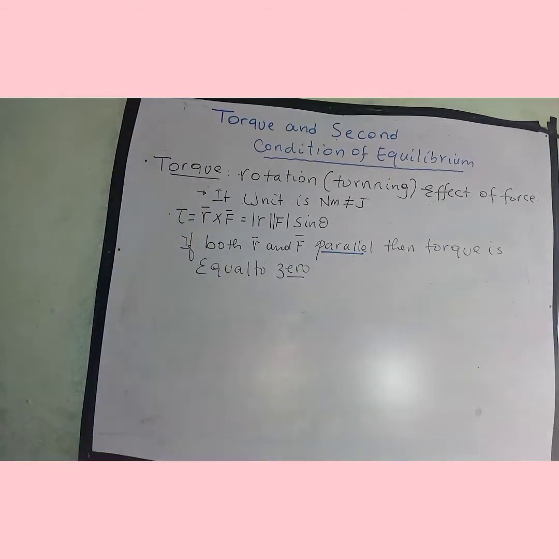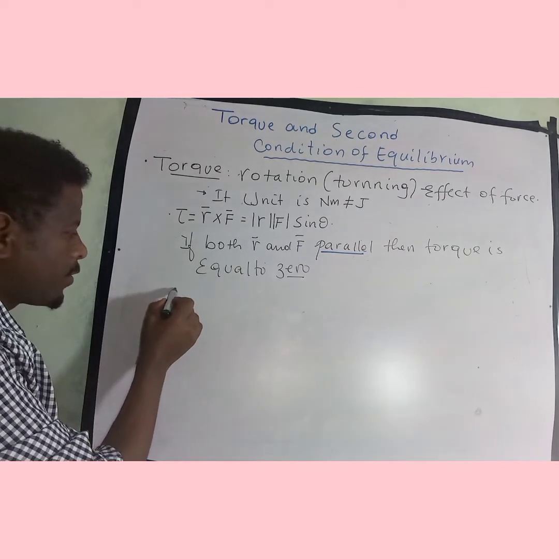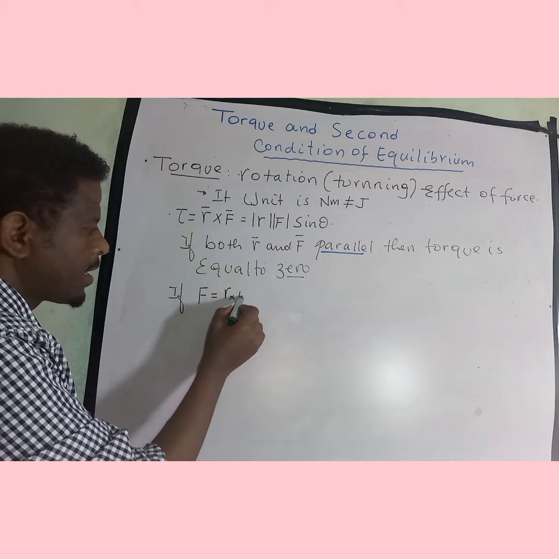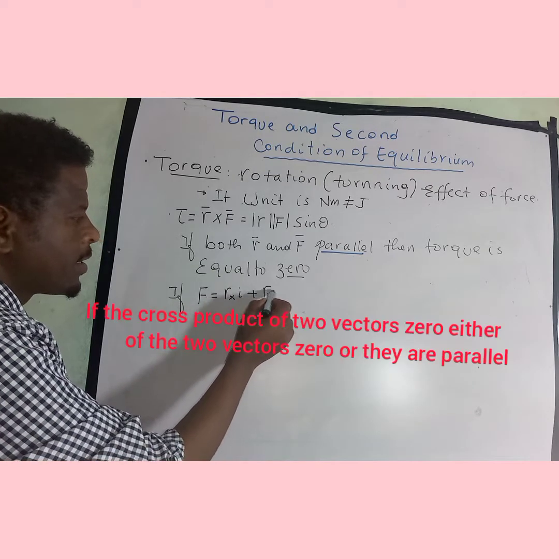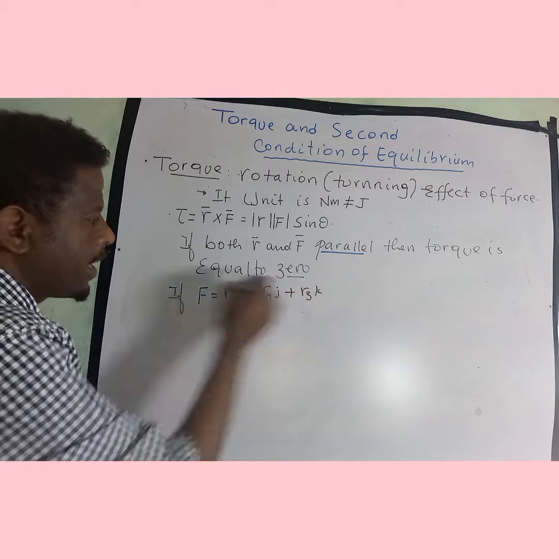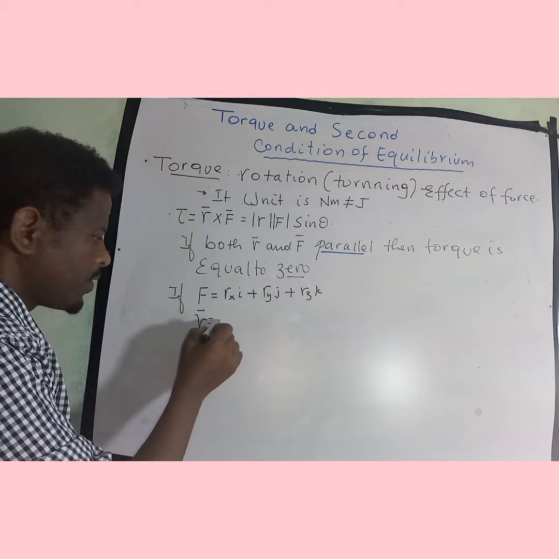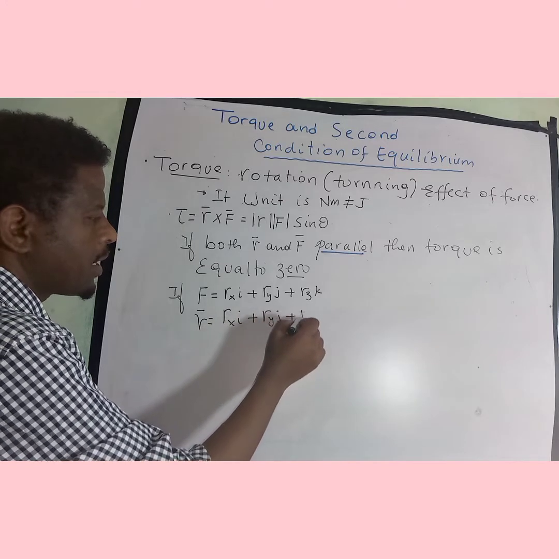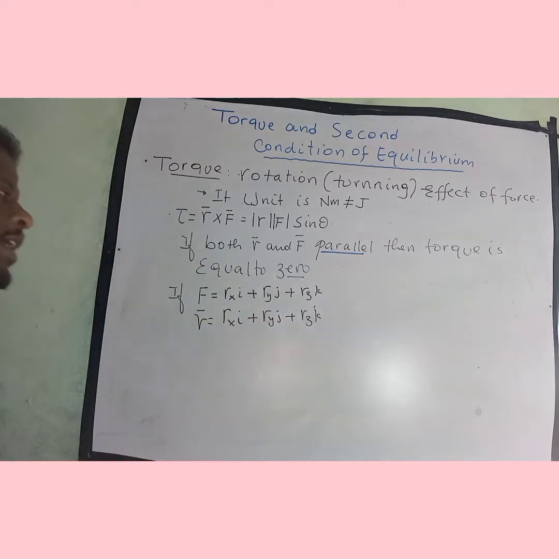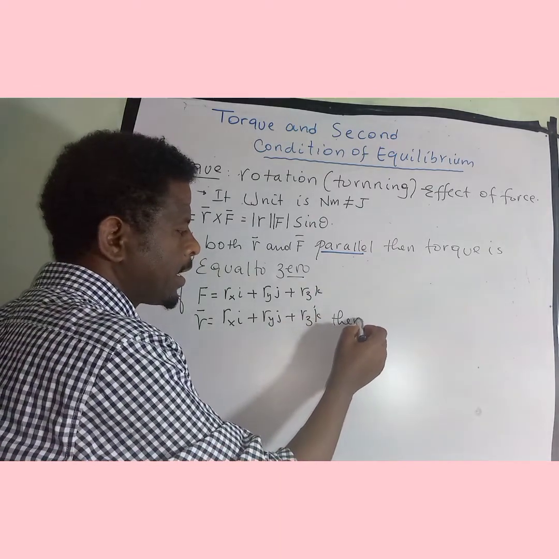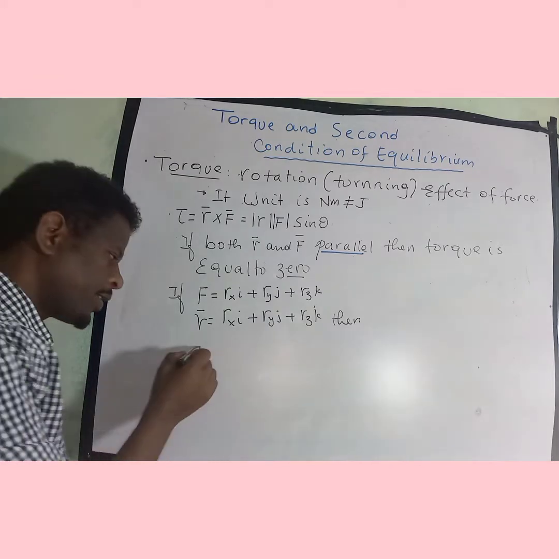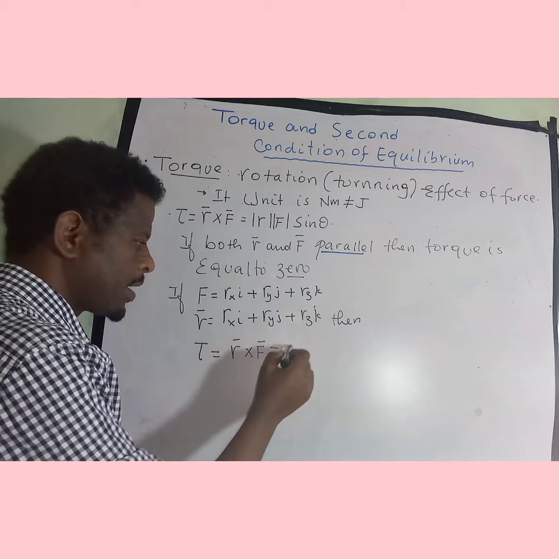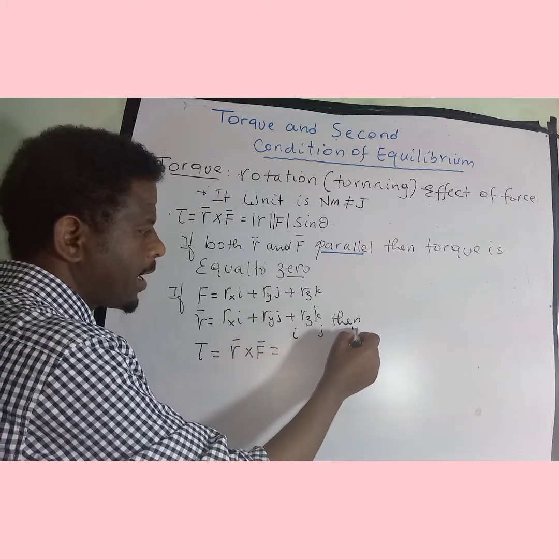And if both position vector and force are given in vector form, if force F equals Fx i plus Fy j plus Fz k, and displacement or position vector is Rx i plus Ry j plus Rz k, then the cross product of position vector and force, which is equal to torque, tau equals R crossed force, which is i, j, and k.